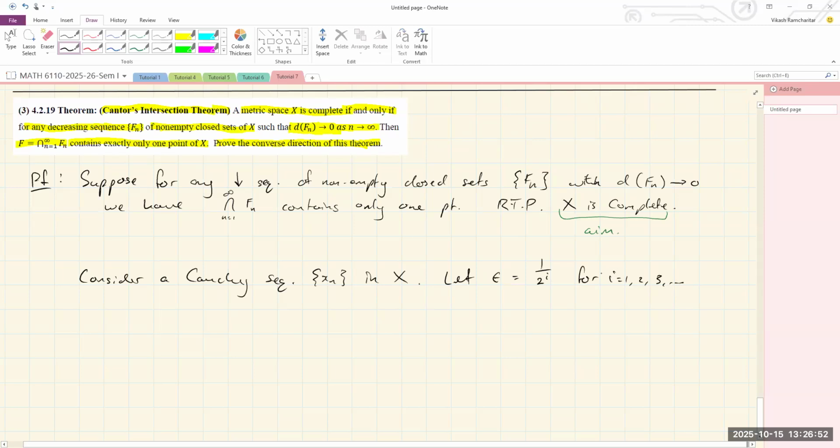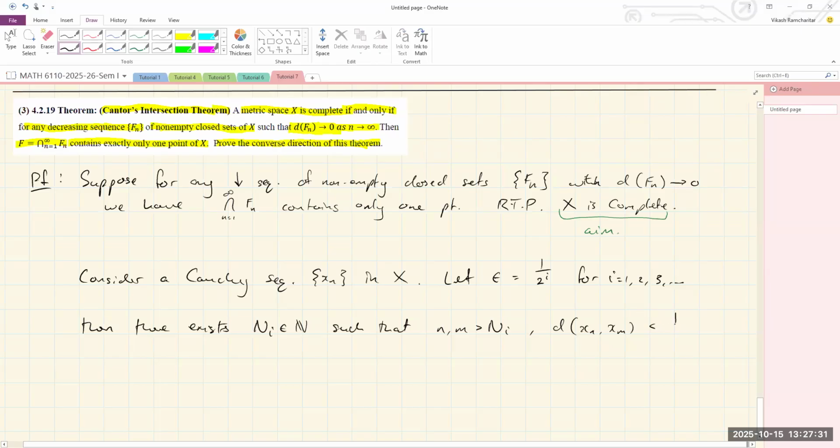So for each of these 1 over 2^i, there exists some natural number, call it Ni, such that if I take two other natural numbers n and m bigger than this Ni, the distance between xn and xm is less than this epsilon.